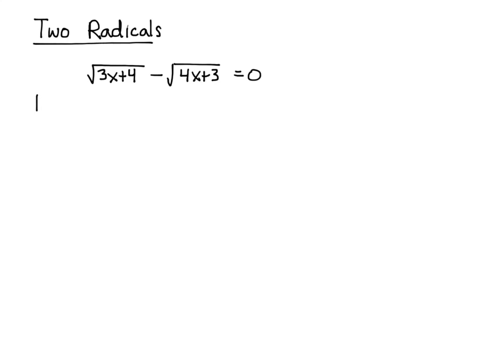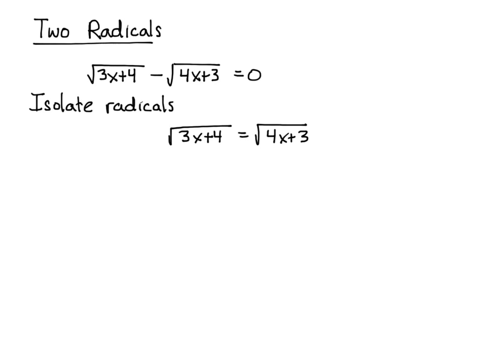So what you do when you have more than one radical is that you choose one of them and you isolate that radical. And in this case, we get a real nice, convenient thing where we have a square root of an expression equals a square root of an expression. And so if we square both sides, it just goes away and we have a nice linear equation.